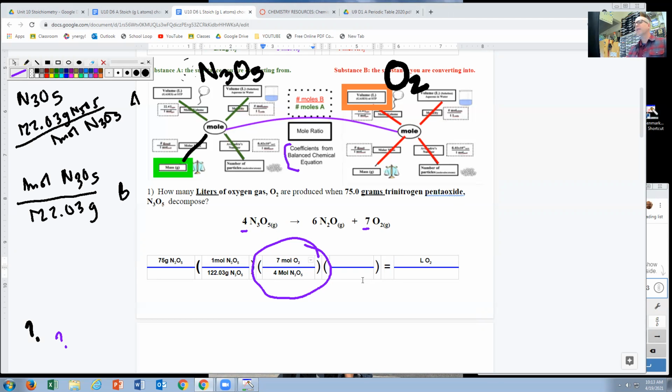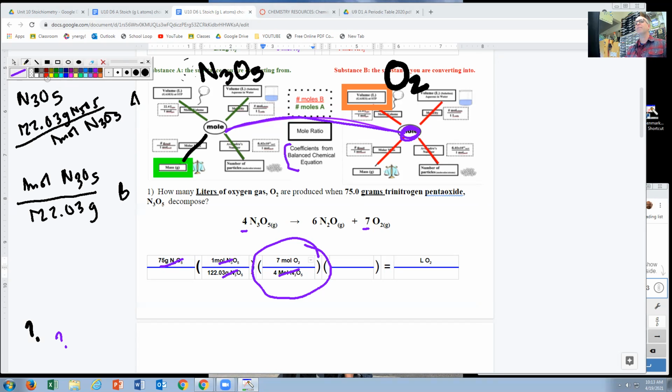All right. And so at this point, ladies and gentlemen, we just made this bridge. We just bridged this gap between moles and moles, right? What have we canceled out? We canceled out moles of N3O5 with moles of N3O5, grams of N3O5 with grams of N3O5. And if you take a look, we just landed right here at moles of oxygen, which is right where we should be. But we have one last street to take.